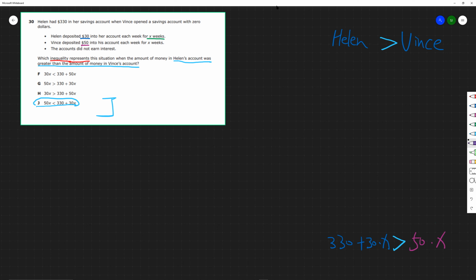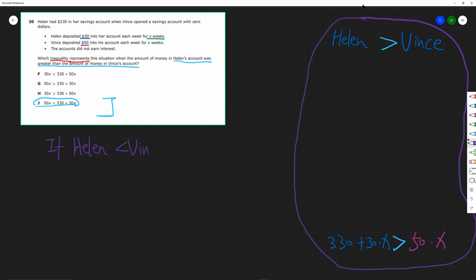Lastly, I have a quick note. We constructed the situation where Helen has a greater balance than Vince. We can easily construct a different situation. If Helen has less than Vince, then we have 330 plus 30x less than 50x.